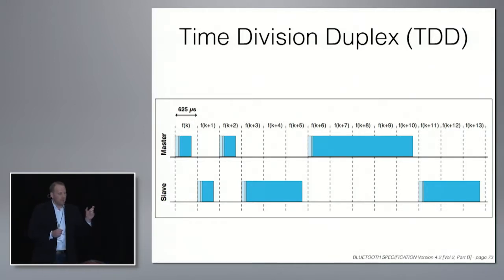So obviously, that's the basics of it. As you can see in the graphic, Bluetooth packets can actually be 1, 3, or 5 time slots.